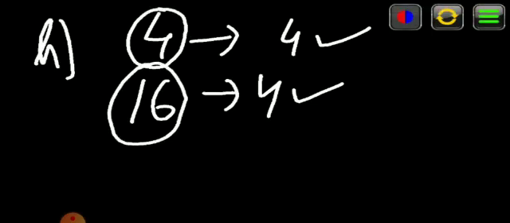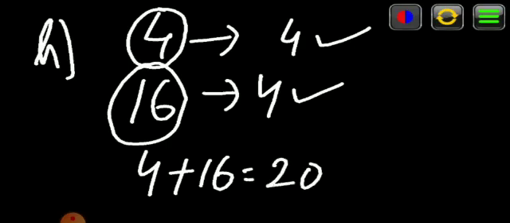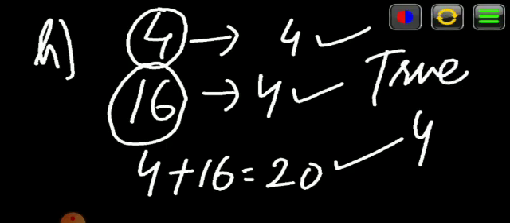They are saying it must divide their sum also. So we have to check whether 4 divides their sum also. We check 4 plus 16 is 20, and here we know that 20 is divisible by 4. So in this example, if a number divides two numbers separately, then it divides their sum also. So the statement is true.